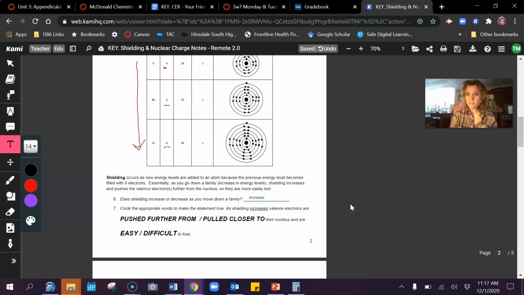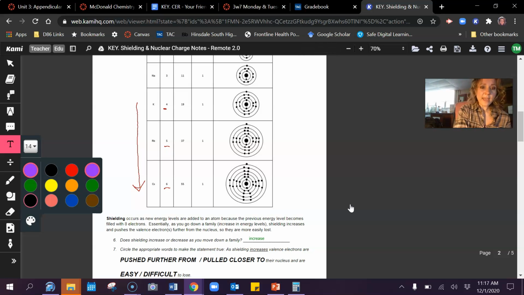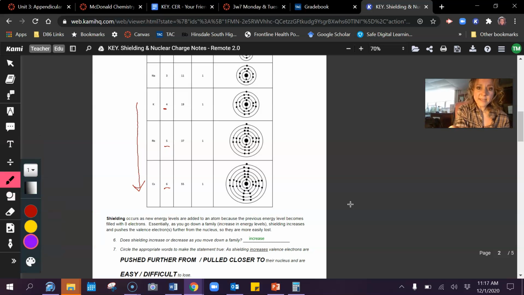Well, let's examine that. So here in our drawing, our valence electron for potassium is out in energy level number 4, while rubidium's is in energy level 5 and cesium's is in energy level 6. That means that cesium's valence electron in energy level 6 is further away from the nucleus than rubidium's or potassium's.